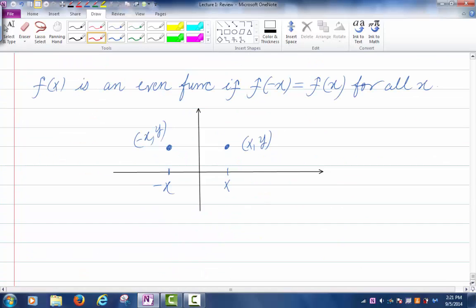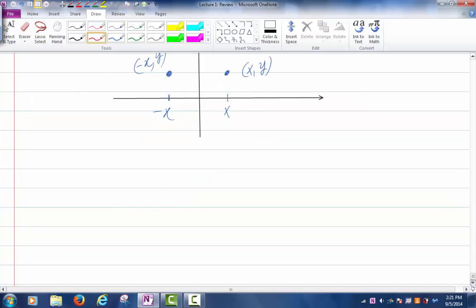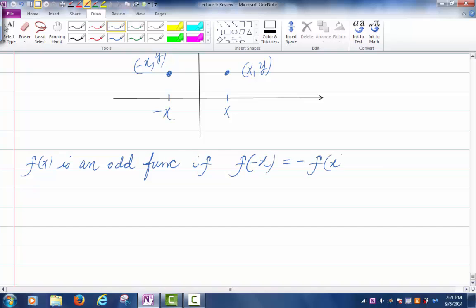And then, well, since I use the word even function, you can imagine that there is an odd function. So what is an odd function? f of x is an odd function if the value of f at negative x is negative of f of x.